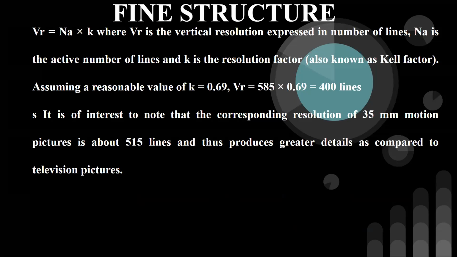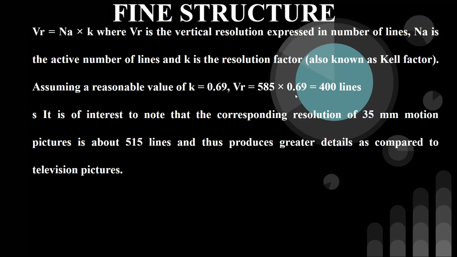And K is the resolution factor, a dimensionless factor. This is a one short answer question: define resolution factor, called the Kell factor. The ideal Kell factor varies from 0.5 to 0.9.